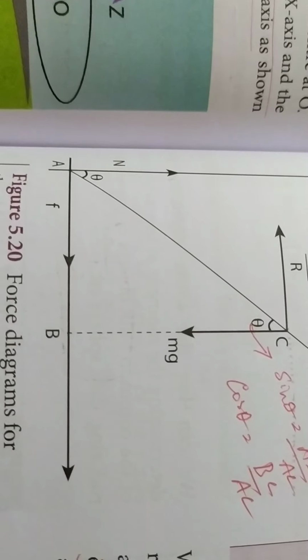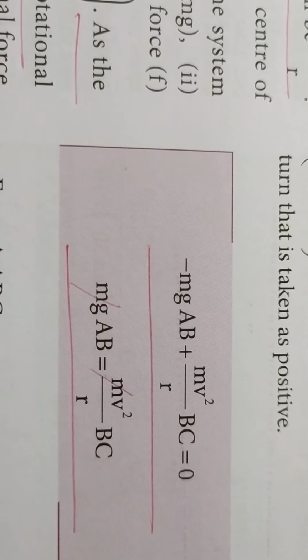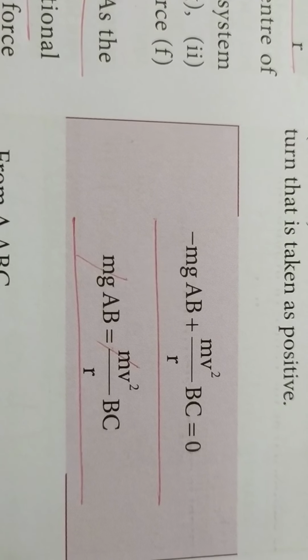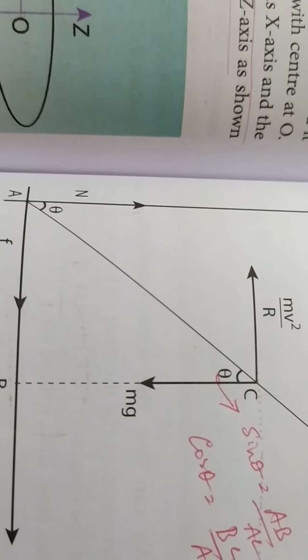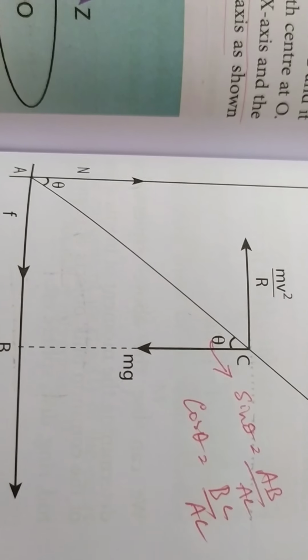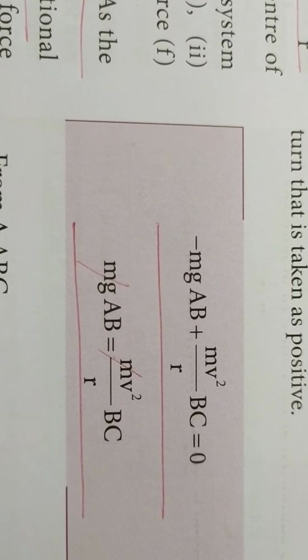Here the force is mg and the perpendicular distance is AB. The negative sign is because the turn is in the clockwise direction. So minus mg AB plus mv square by r into BC, where BC is the perpendicular distance for the centrifugal force. Both of them when equated will become 0 for rotational equilibrium.